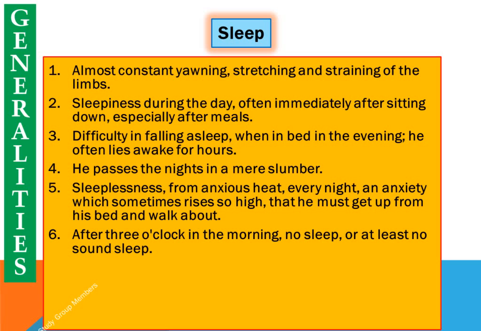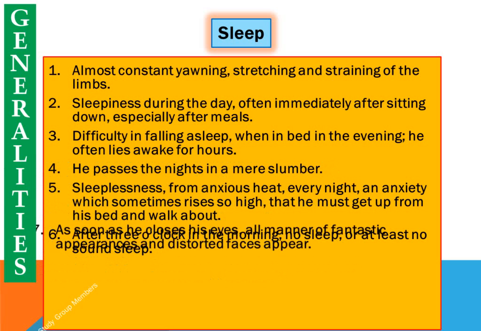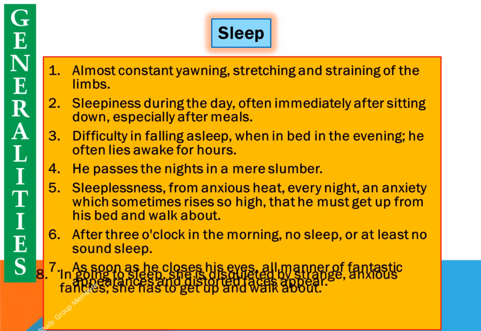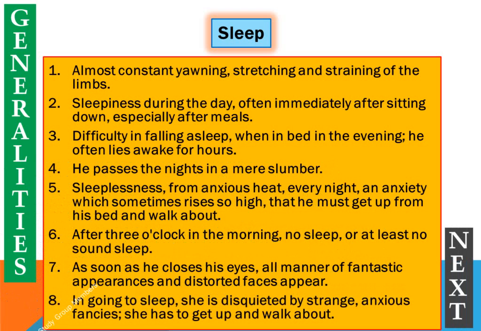So here we have to remember that, in sulfur for that matter, or psora, it's a special telltale symptom of psora, depression. As soon as he closes the eyes, all manner of fantastic appearances and distorted faces appear, that is the imaginary things, fear, etc. In going to sleep, disquieted by strange anxious fancies.